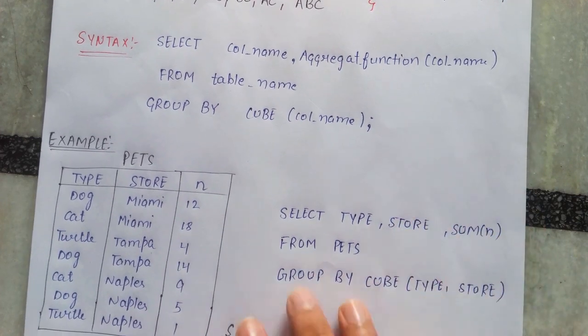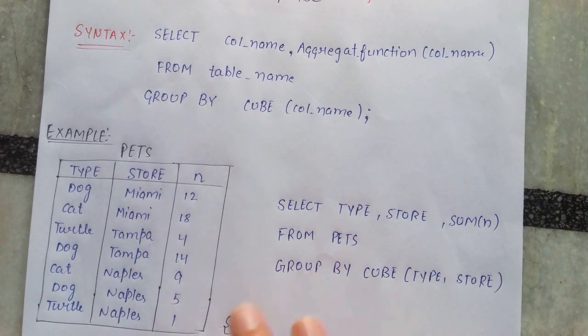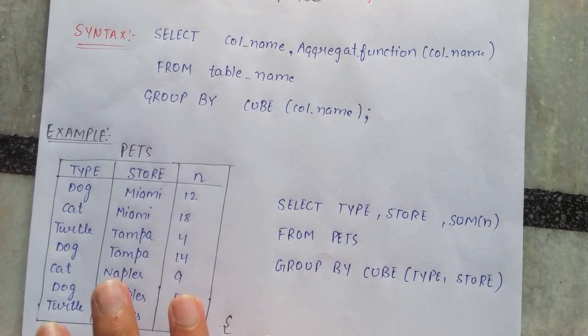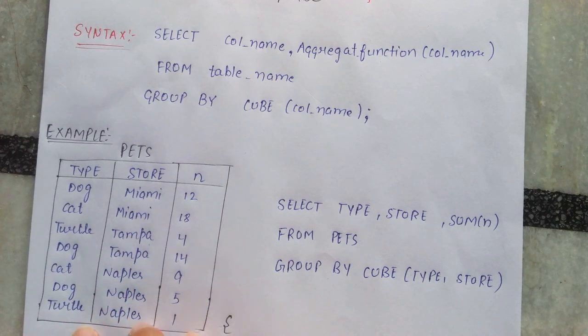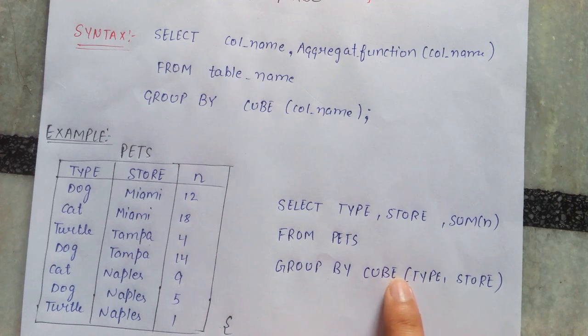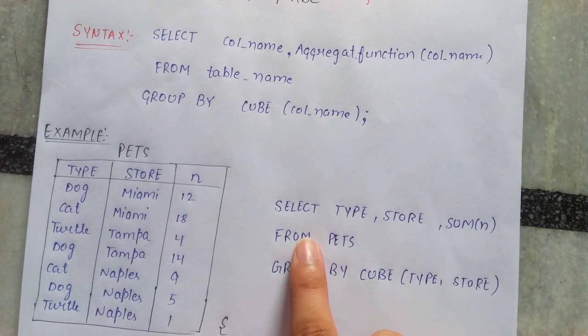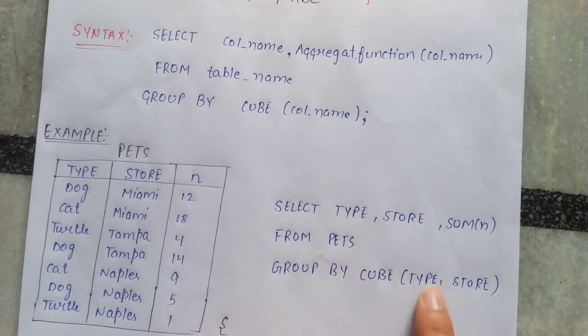Let's suppose this is a table. This is a pets table that we have. It consists of three columns: type, store, and n. And we want to group the data of the table on the basis of these two columns, type and store, using this cube. So we'll write the syntax like this: select type, store, sum n from pets group by cube type and store.